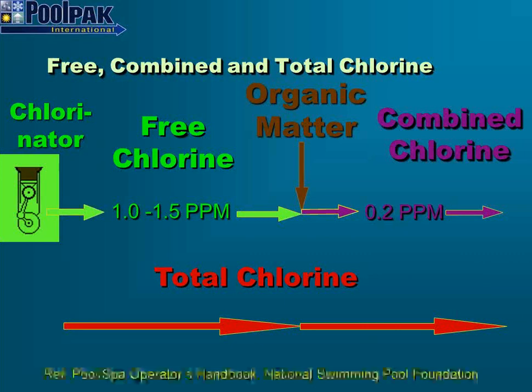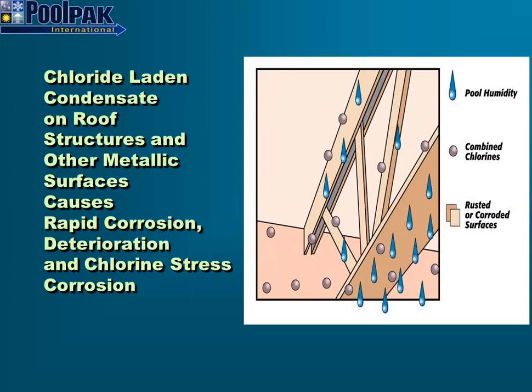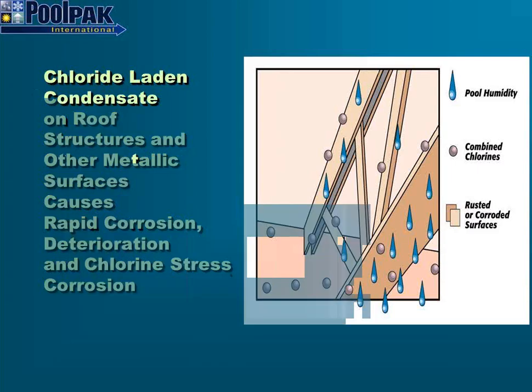When that condensation occurs, we have a couple of problems. One, it's a rather corrosive liquid, and that will attack metallic surfaces in the pool area, and in adjoining rooms if that air makes it there, and it can cause problems for the swimmers as well.